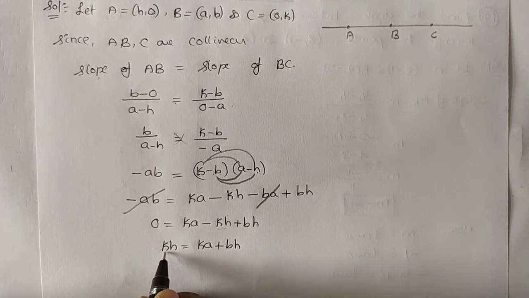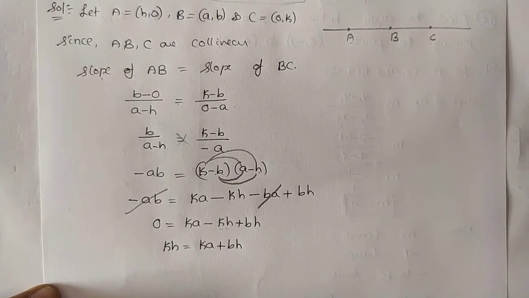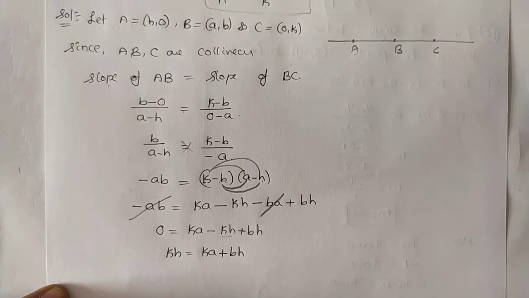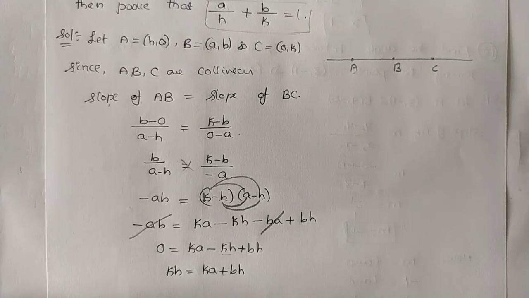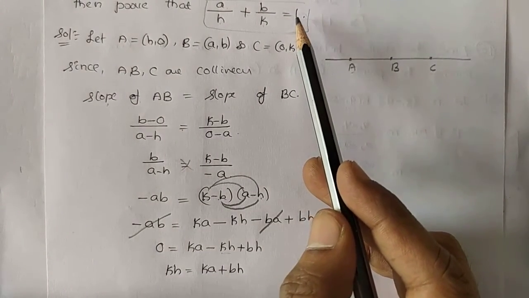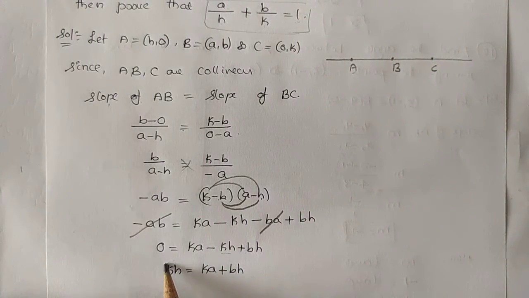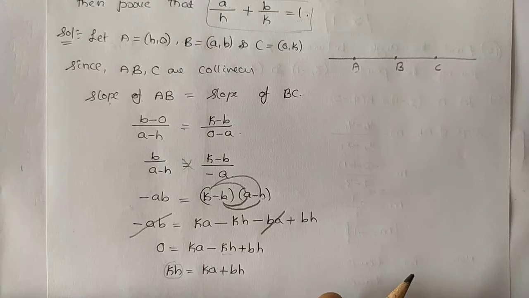In the right hand side we need to make 1. See the question, in the question we have 1 on the right hand side. If we want to make this kh as 1, what do we have to do?